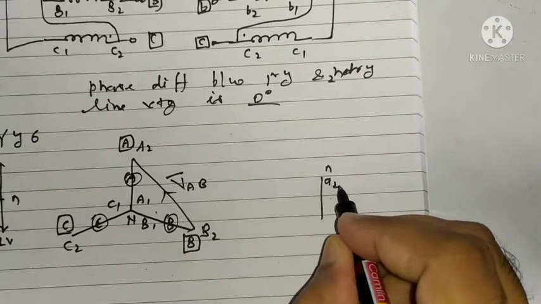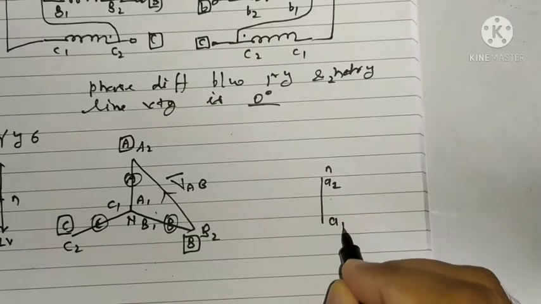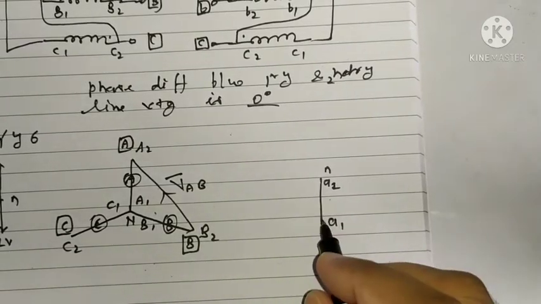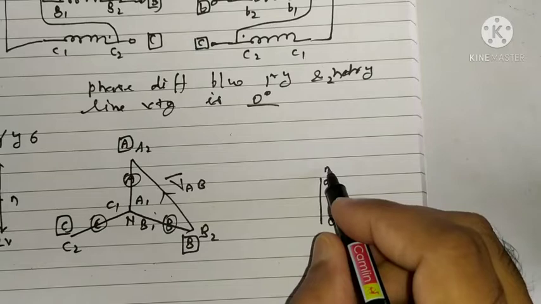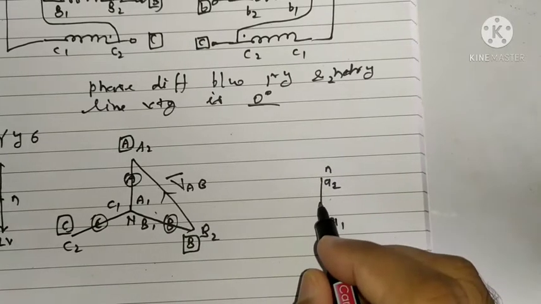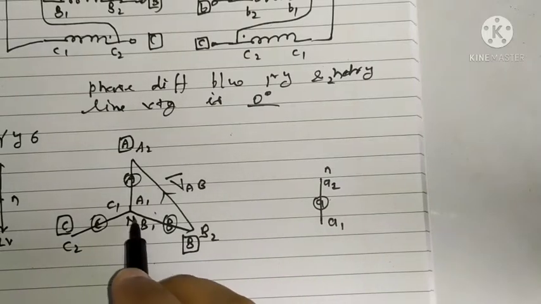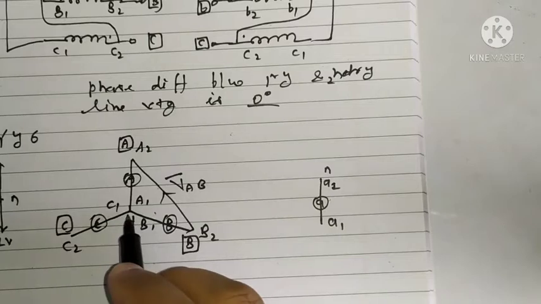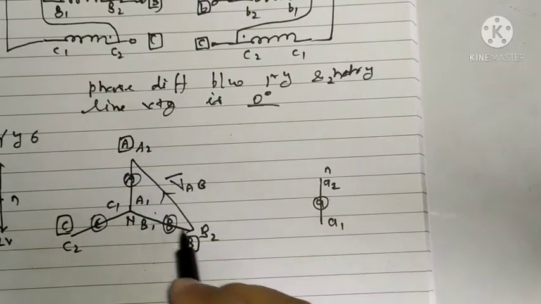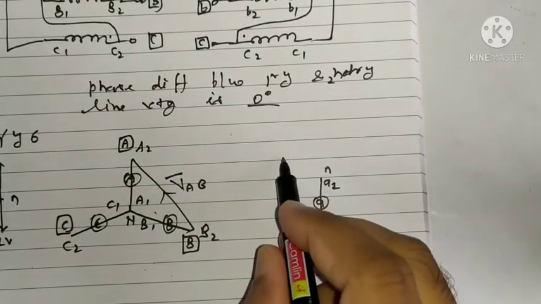So it is A2 A1, right? Now B2 B1 and C2 C1. So A2 A1 and AR is in parallel with A. B2 B1 we can see it is here. So it must be drawn from the tip of this and parallel to this. So parallel to this we will have line in this direction.